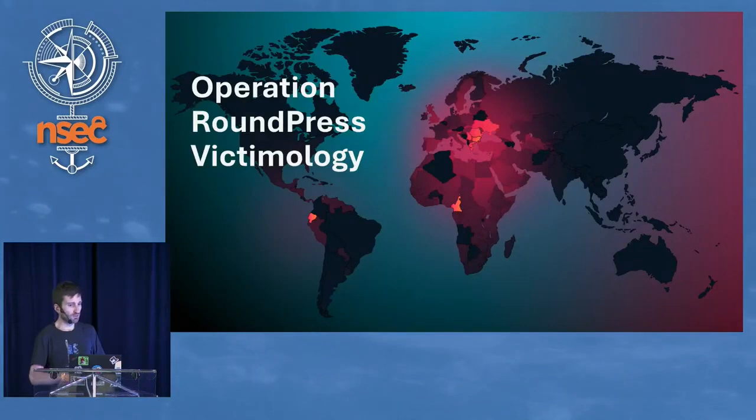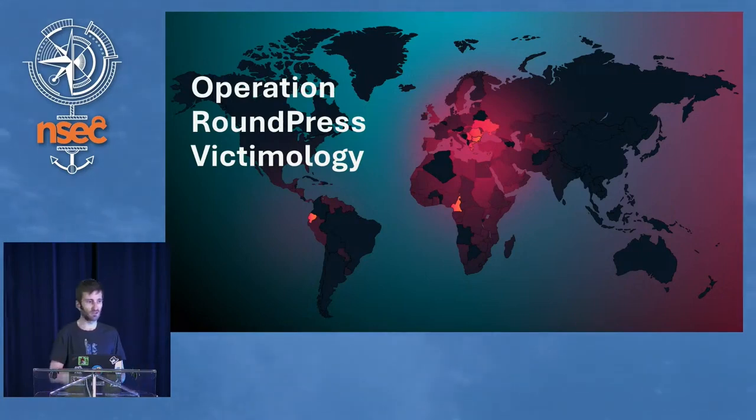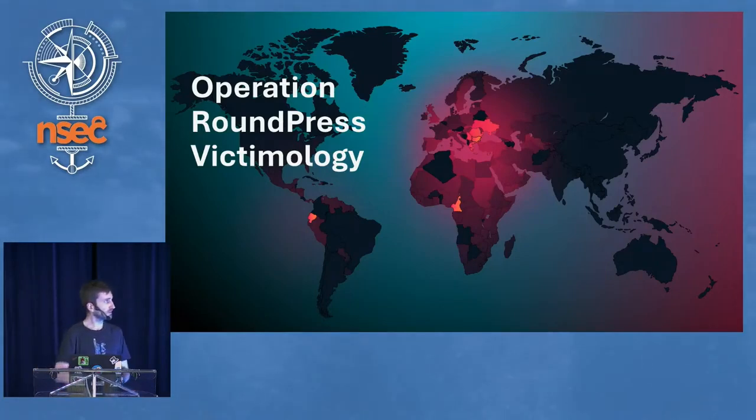We call this Operation RoundPress, so the specific operation by SednNet against webmail applications. There were targets in Ecuador, Bulgaria, Serbia, Romania, Ukraine, Greece, Cyprus, and Cameroon. Most of them being in the field of defense, national government, and also aerospace companies. Most of the targets were in Ukraine; there are different countries, but let's say that 80% of the targets were in Ukraine.